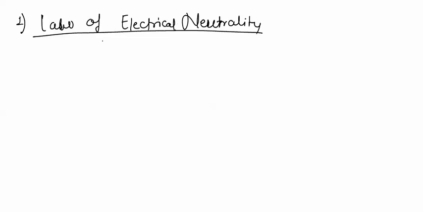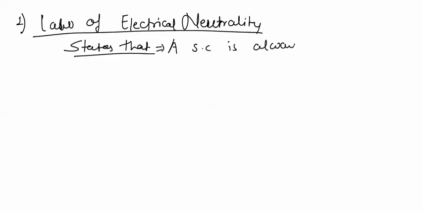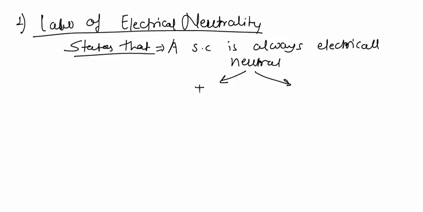Law of electrical neutrality states that a semiconductor is always electrically neutral. Electrically neutral doesn't mean that there is no charge in the material. There will be charge, but positive charge will be equal to negative charge.